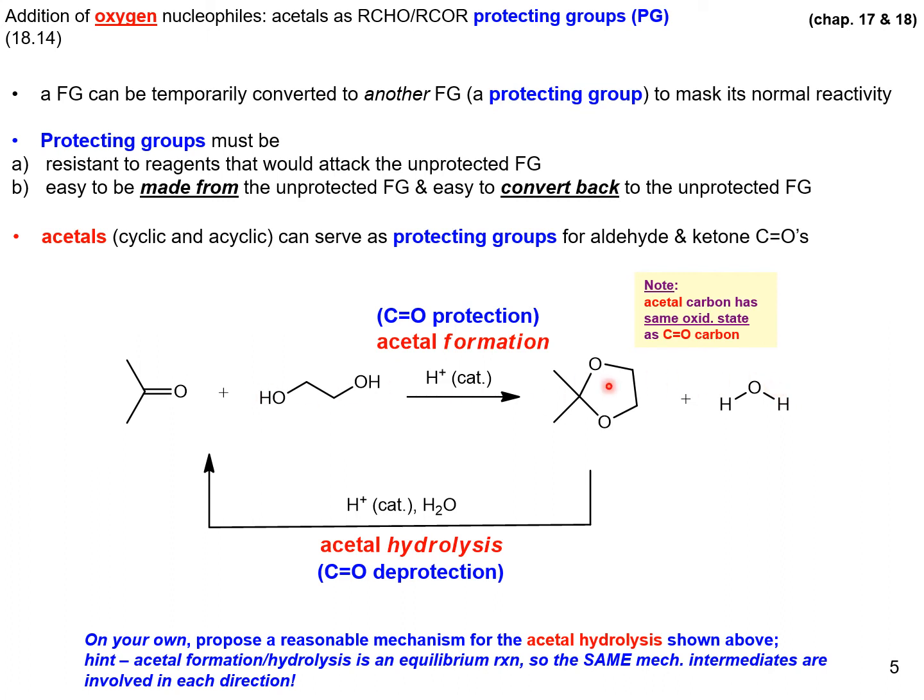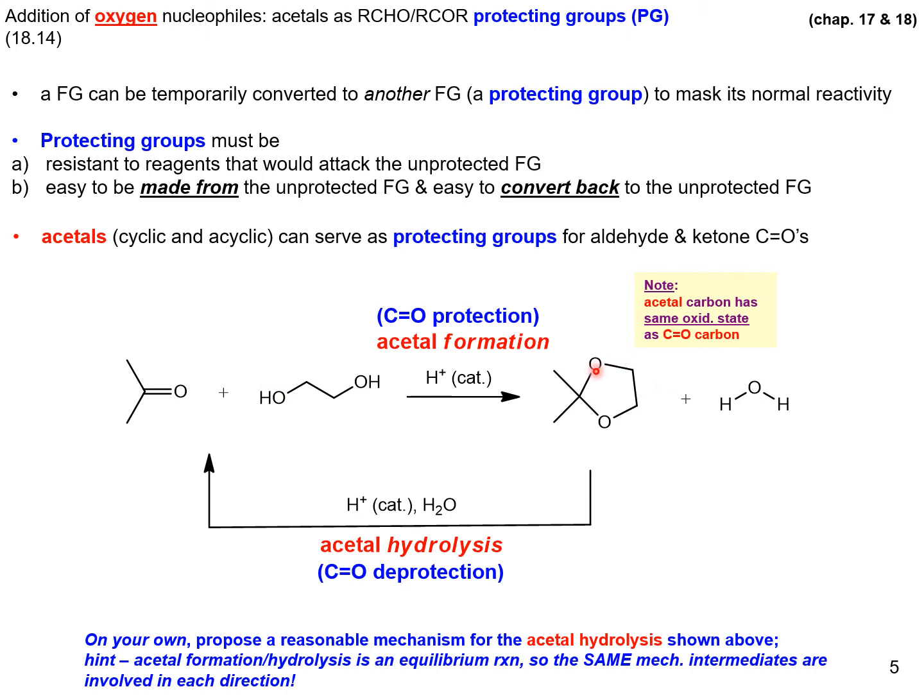Since this is an equilibrium reaction, it's perfectly possible then to take an acetal and treat it with a large excess of water in the presence of an acid catalyst, and you would then convert it back by hydrolysis, cleavage by water. Hydrolysis, you would end up with the original carbonyl compound and diol or molecules of alcohol.